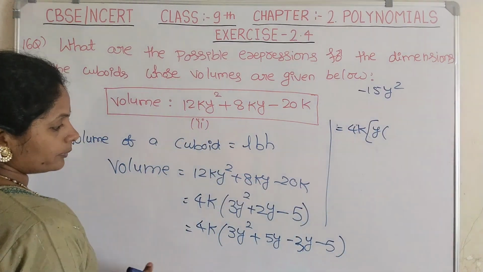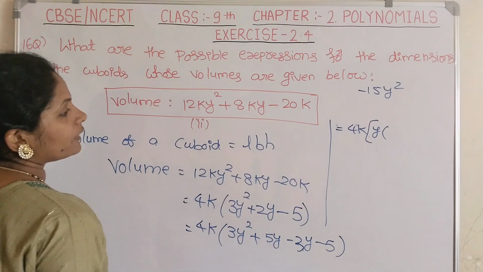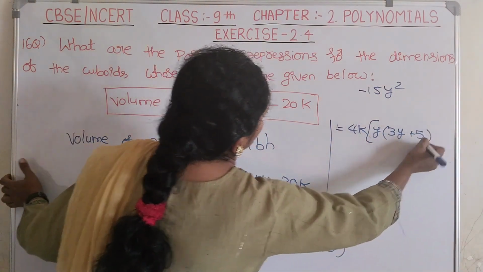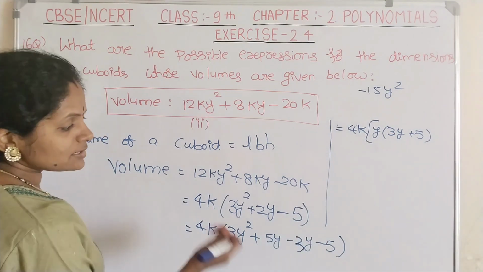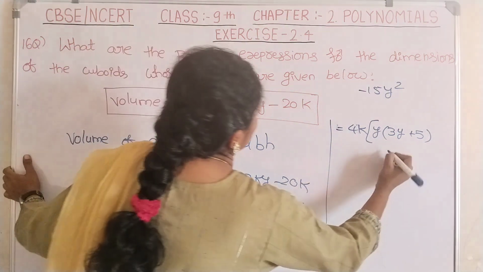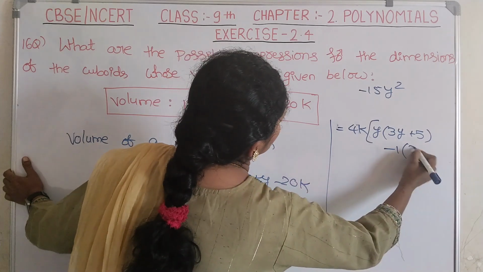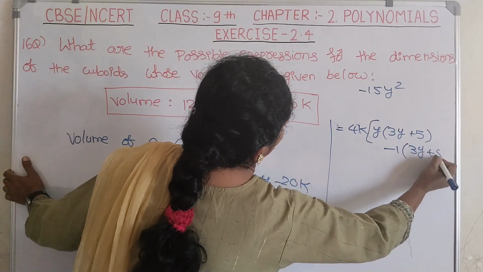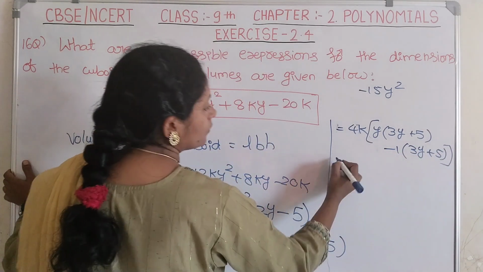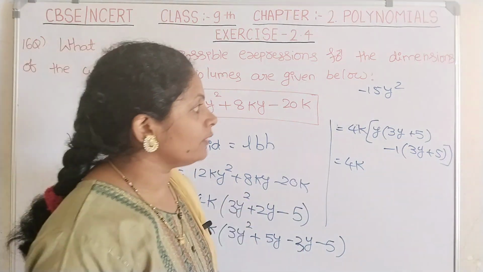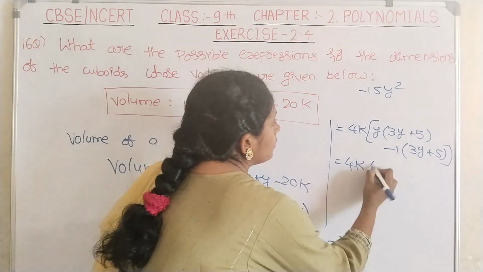We'll take y common, then 3y plus 5 will remain. Next from here, minus 1 can be taken common. Minus 1, then here will be 3y plus 5. 4k into 3y plus 5 into y minus 1.